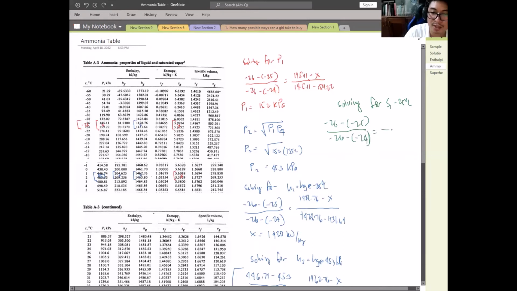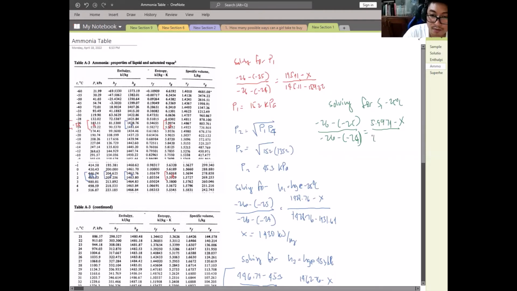Then their corresponding SG values: for negative 26, 5.9974 minus X, the value we are finding. Same for the negative 24, its corresponding value is 5.9552. So by using the calculator.